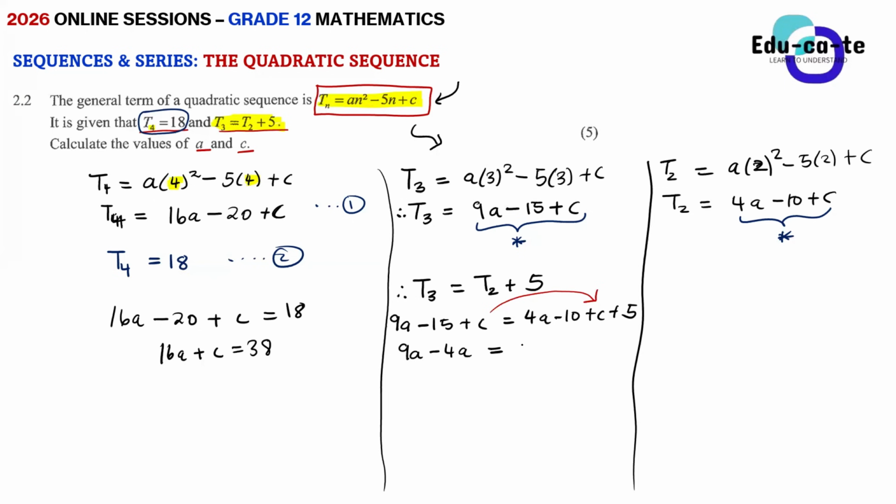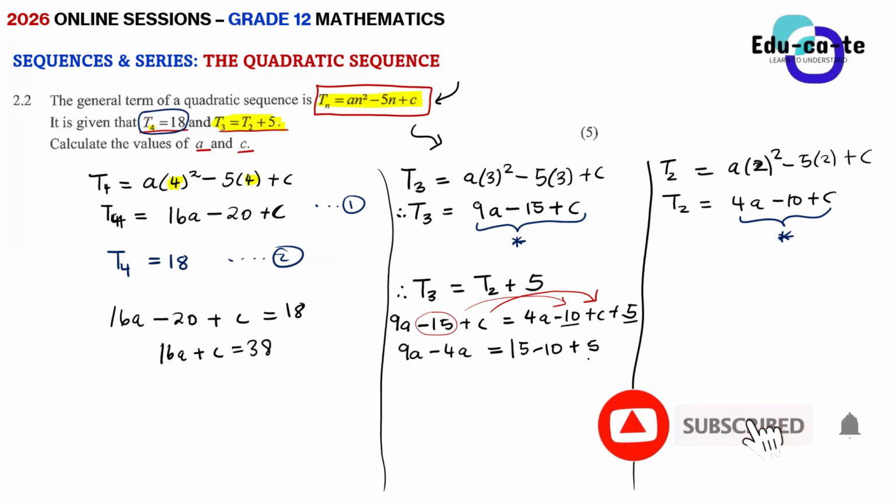Then I took this 15 to the other side and made sure that the variables are a on one side and the numbers on the other side. Yes, guys, this negative 15, you take it to that side, it becomes positive, but there is a negative 10 there, and there's also a positive 5. Do you guys see that?